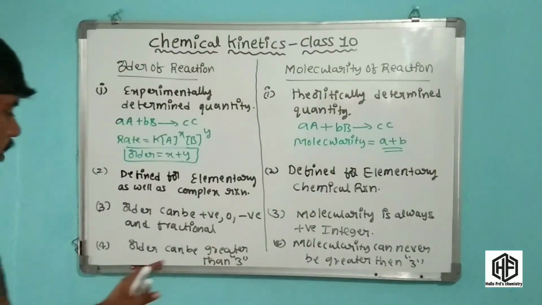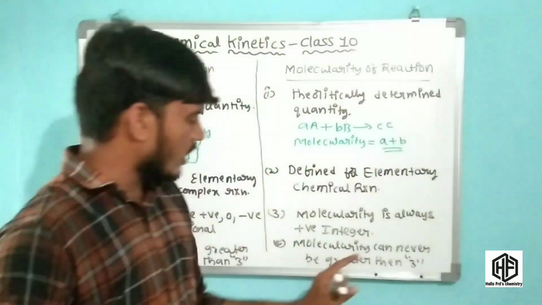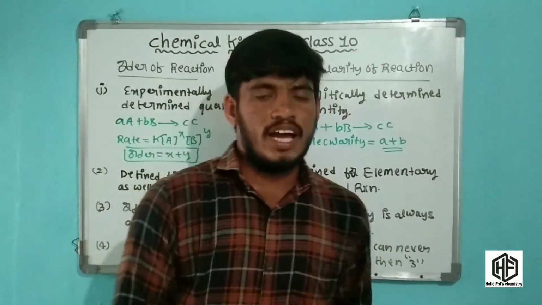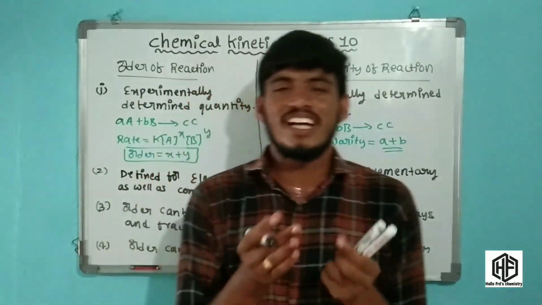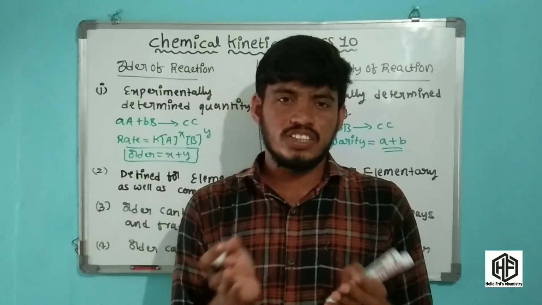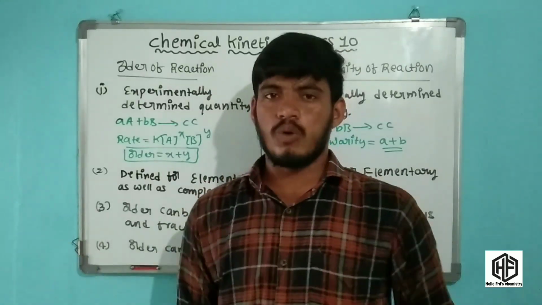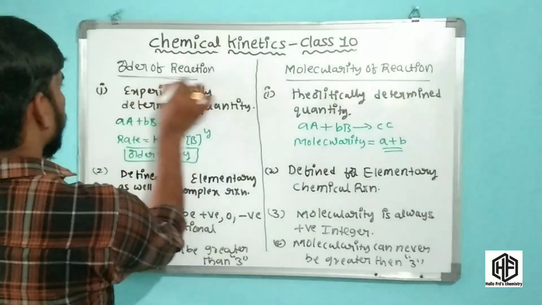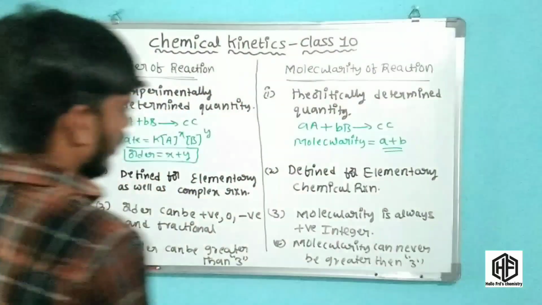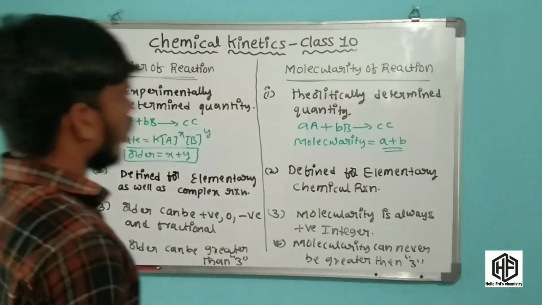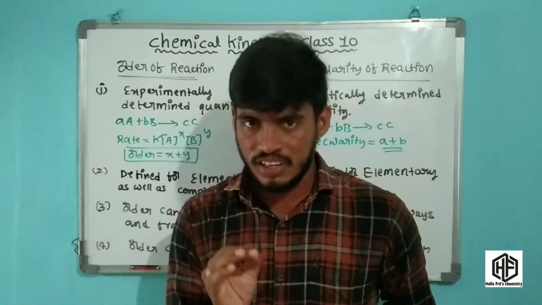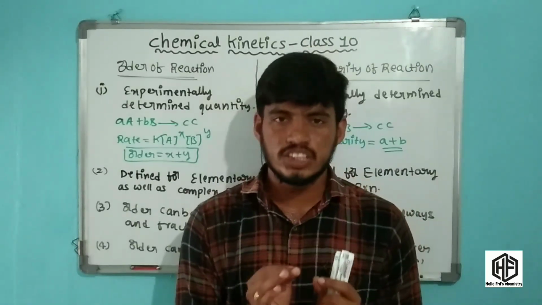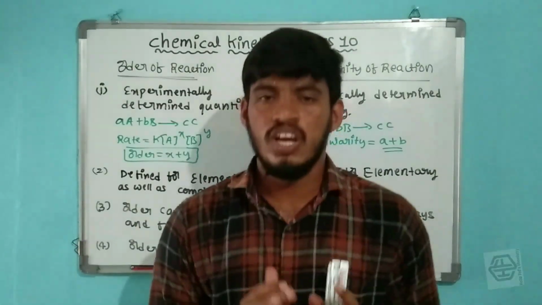Order can be greater than 3, but molecularity can never be greater than 3 because the number of molecules is very high. Now what happens, friends, the effective collisions decrease, and the reactants do not get converted to the product. This is the difference between order of reaction and molecularity of reaction. This is the concept of chemical kinetics class 10: the pseudo first order reaction, and the difference between order of reaction and molecularity of reaction.